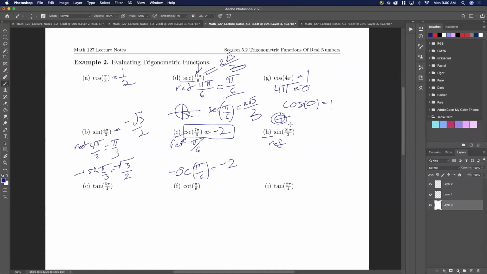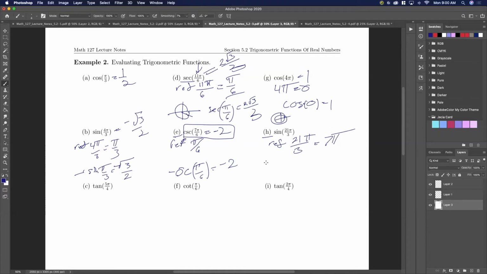All right, so everyone here got, the reference angle here is, for H, you guys are getting pi as a reference angle. Is it just 7 pi? Yeah, so 21 over 3 pi is equal to 7 pi.